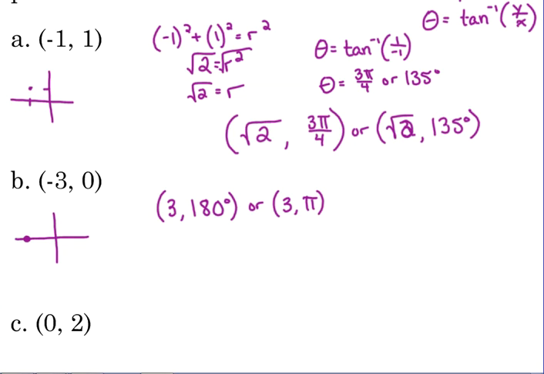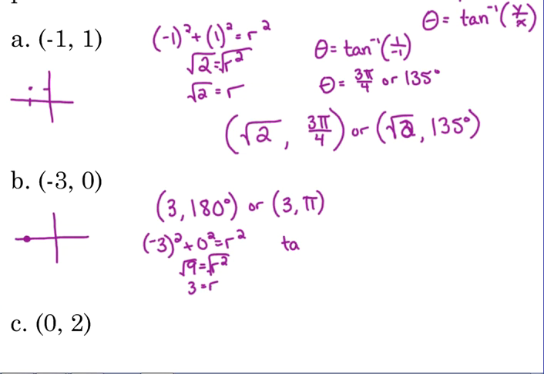Now, if you're not thinking in those terms, of course you can do the calculations. And you're going to get 3 squared, -3 squared is 9, plus 0 is 9. So when you take the square root, 3 is equal to r.